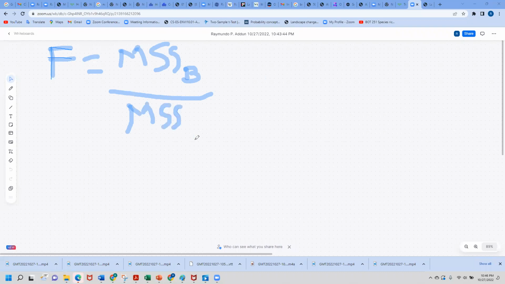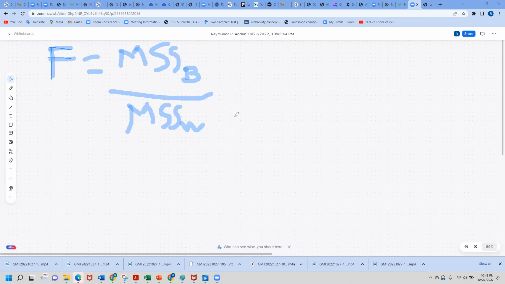F statistic is equal to the mean sum of squares between your samples over the mean sum of squares within your samples. That's one of the nomenclatures.